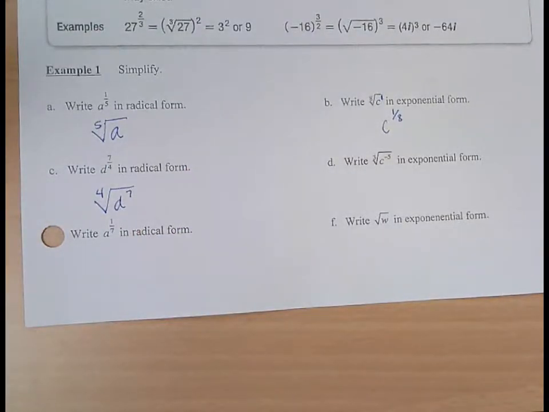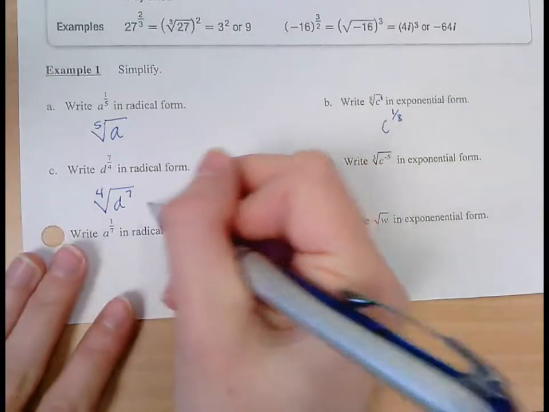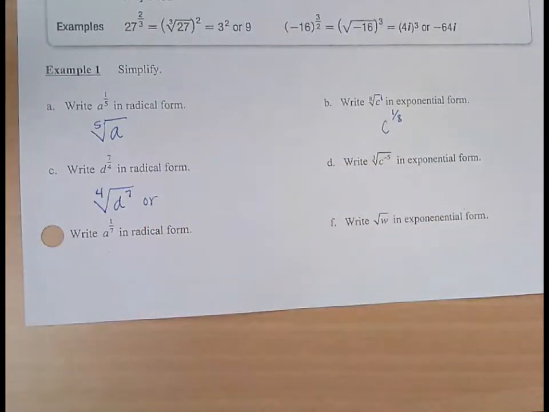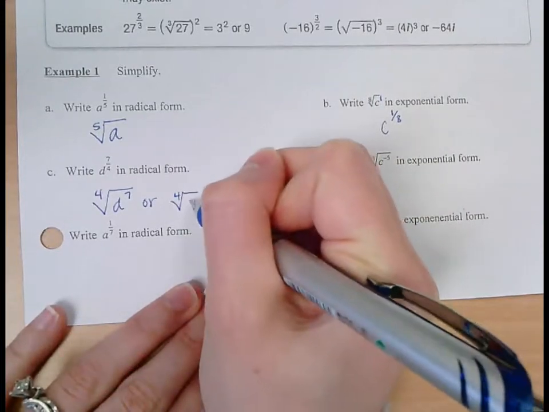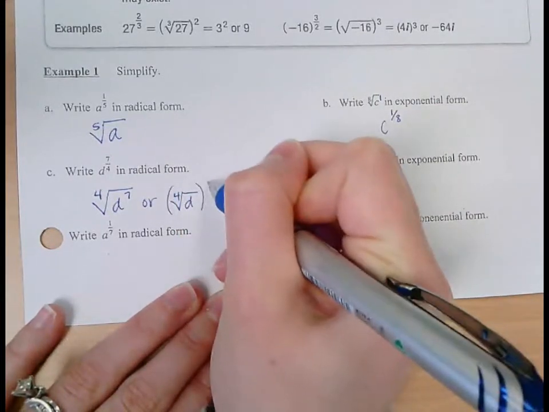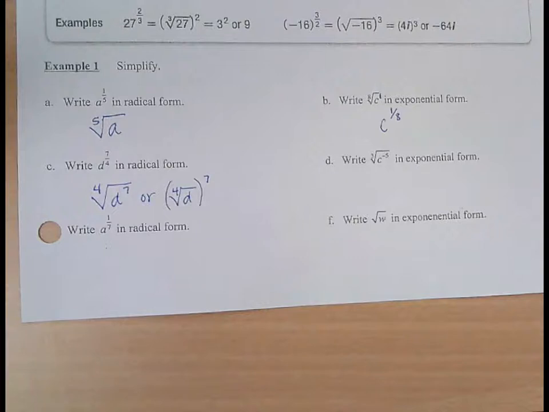Again, the 4 is the index, 7 is the exponent. Or another way to write it that means the same thing is the 4th root of d and then raise that entire quantity to the 7th power. Both of those forms are correct. However you write it, you don't have to write both, but you have to write one or the other.